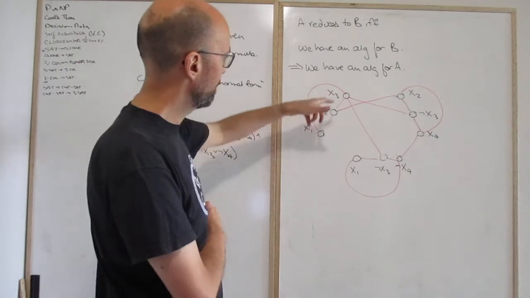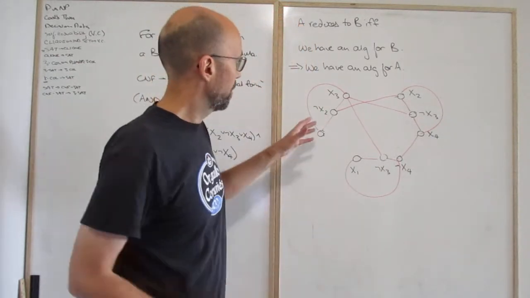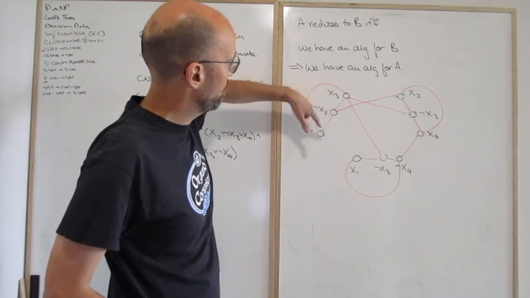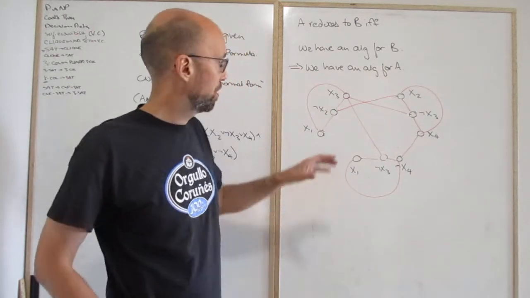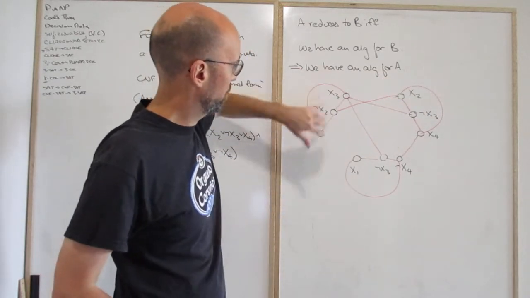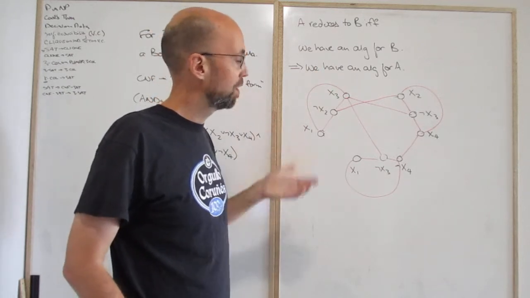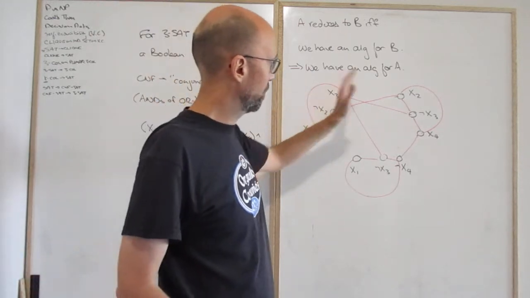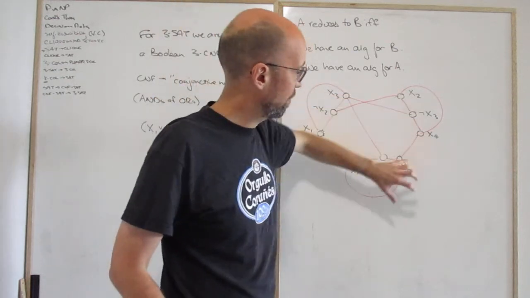Well, an independent set can't include any two vertices from the same cluster, right? Because we put all the edges in between the clusters. This is actually easier to draw than the clique thing because we're reducing 3-SAT to independent set.